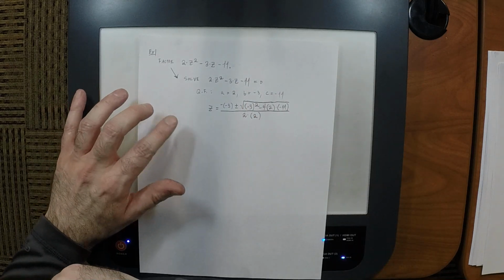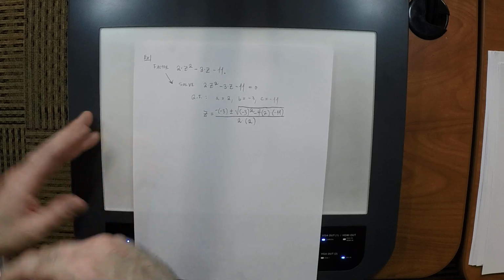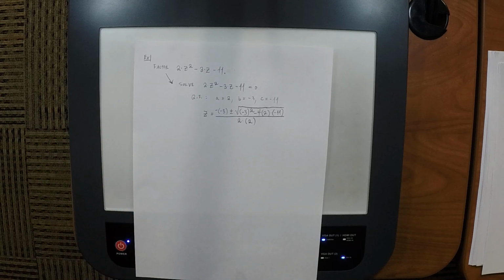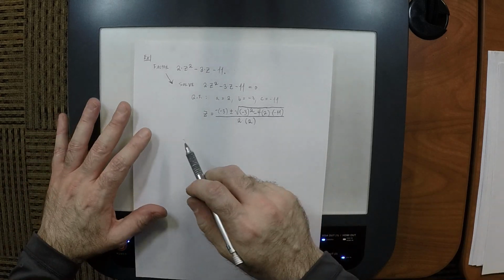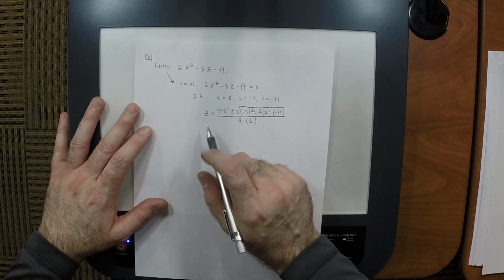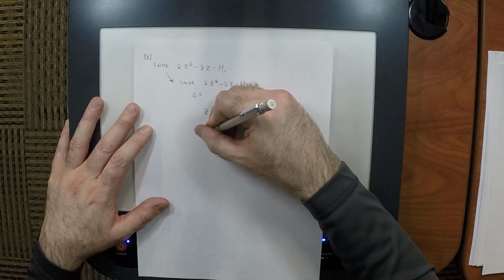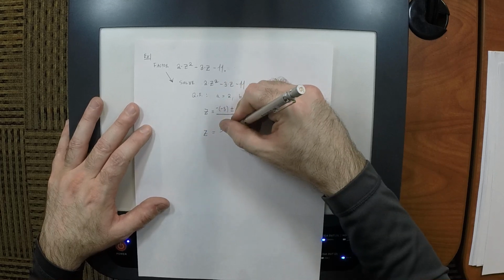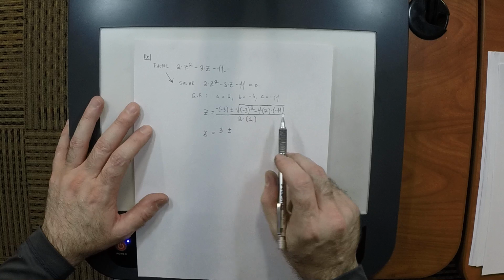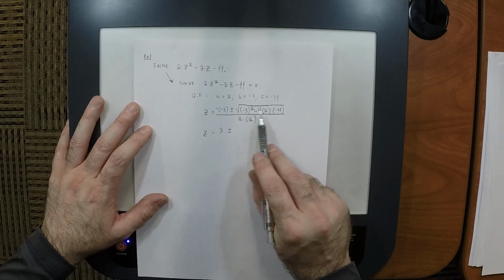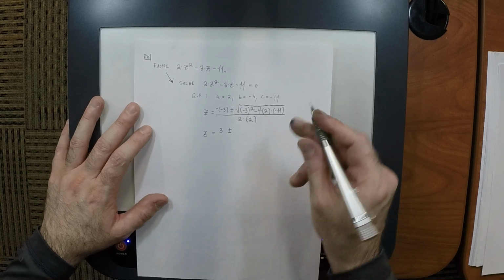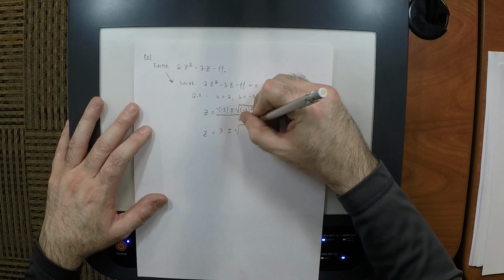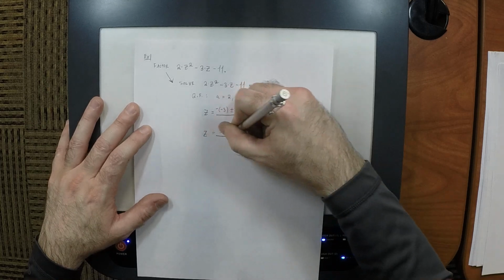Now, on these questions, I usually say something like it's not necessary to simplify the radicals because they never really simplify anyway, and it's just sort of beside the point. So this becomes 3 plus or minus, and then the stuff under the radical would be 9 plus 88, so that'd be 97. So square root of 97 over 4.